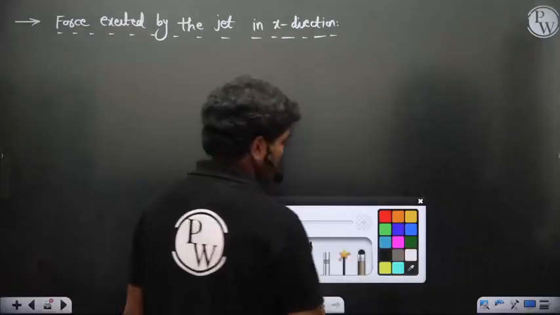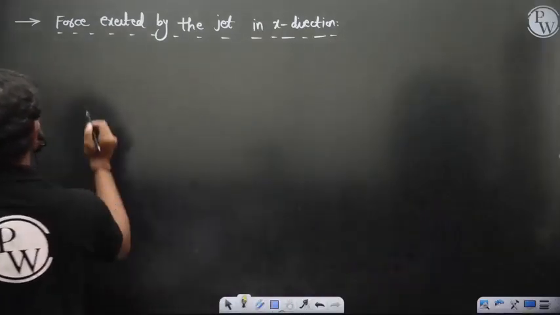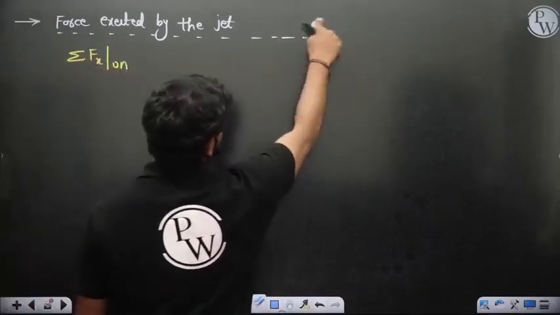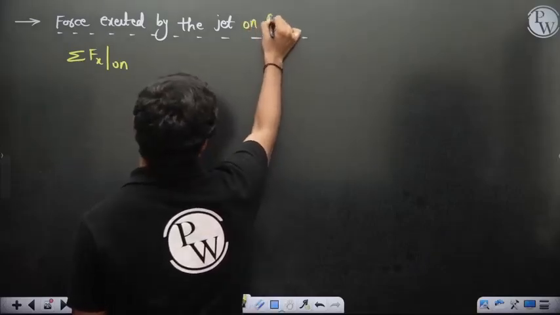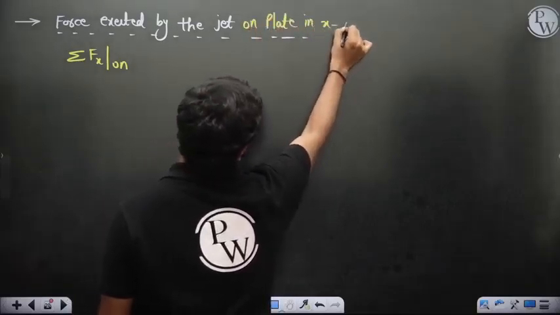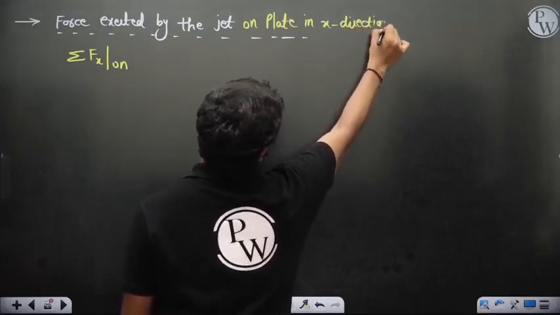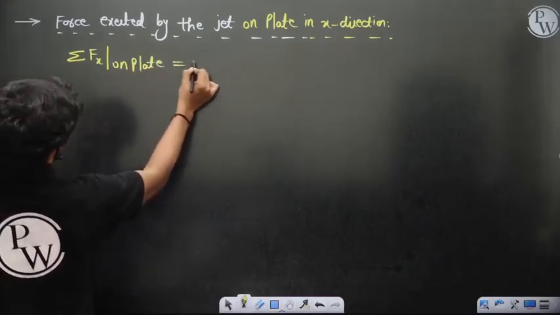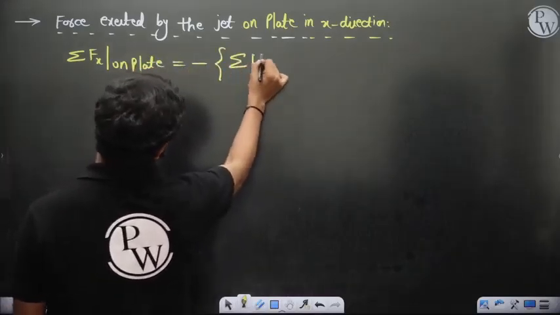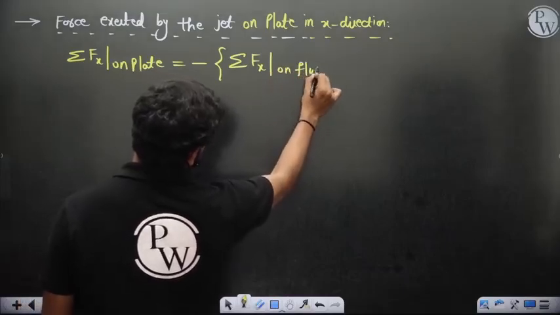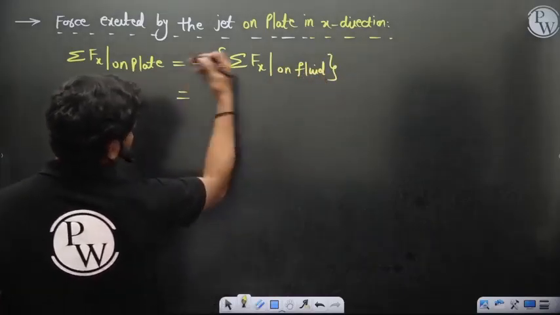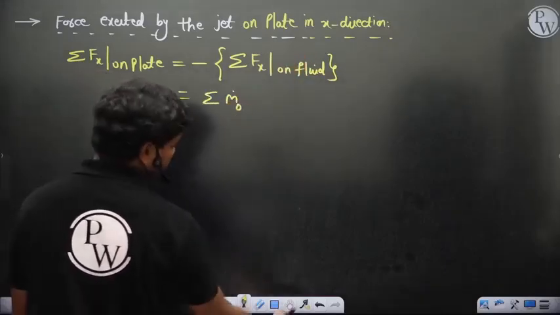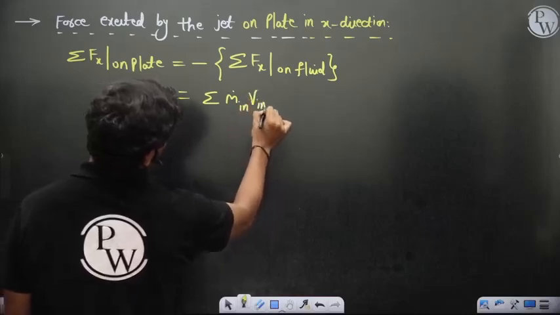Sigma Fx on plate by the jet, in x direction, is equal to minus sigma Fx on fluid. So minus of this is out minus in, sigma m dot times the out minus in velocity in the x direction.